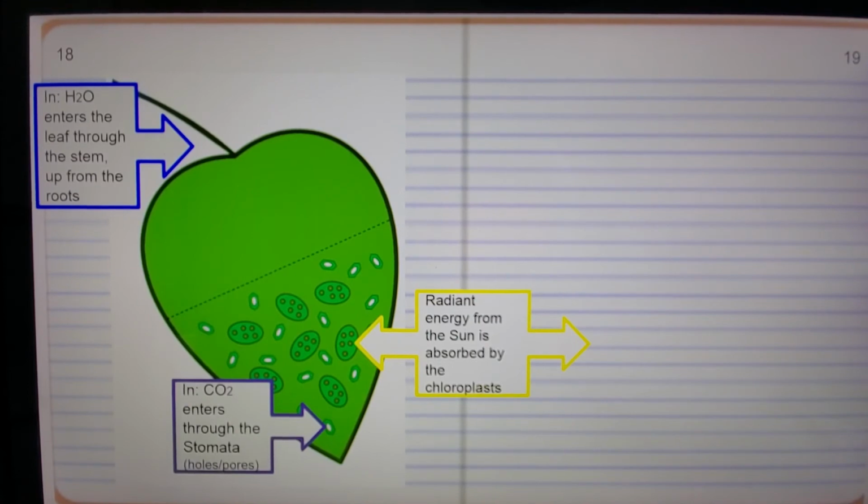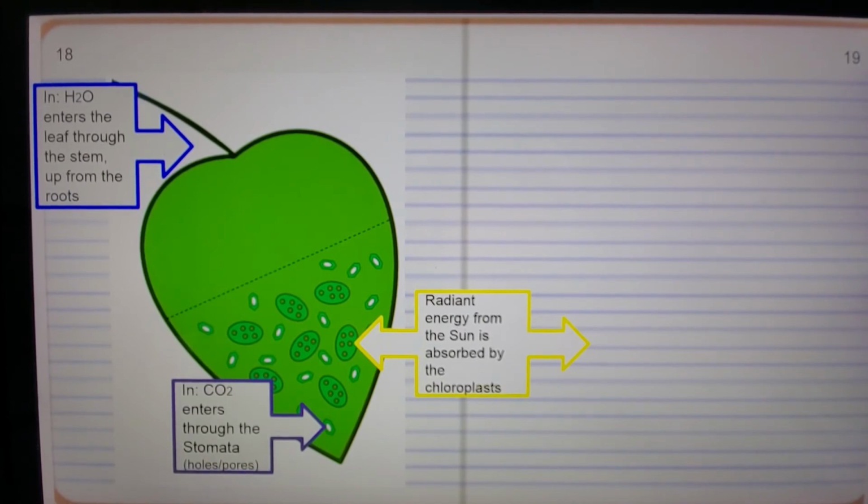And then the last thing I'm showing there that comes in is radiant energy. That is the energy from the sun that is absorbed by the chloroplasts. Those bigger green little ovals are the organelles called chloroplasts we learned about when we studied organelles.